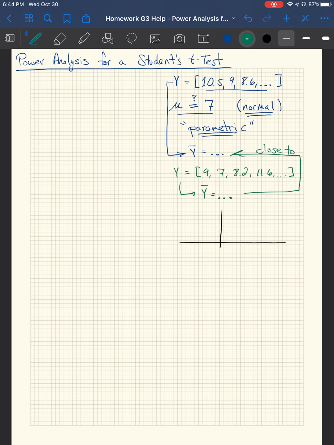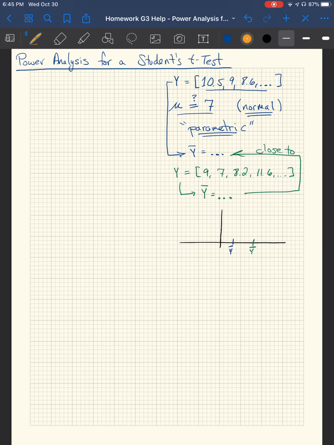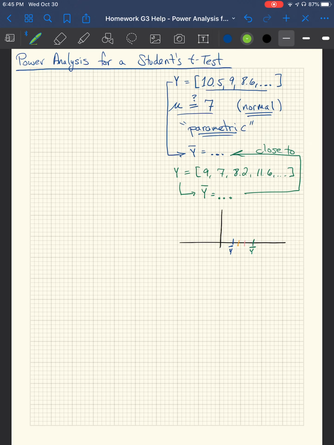So this first one, this blue colored Y bar, might show up here. And this green one might have shown up here. But there will be a whole bunch of others, and if I were to draw more and more of these samples, they might show up in different spots on this number line, and so on.